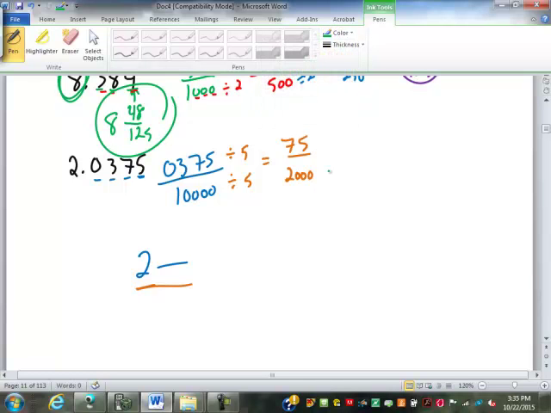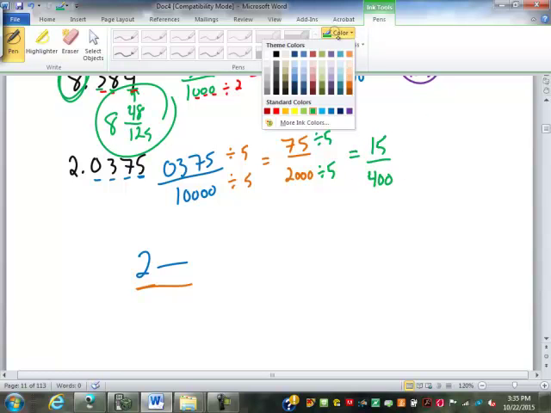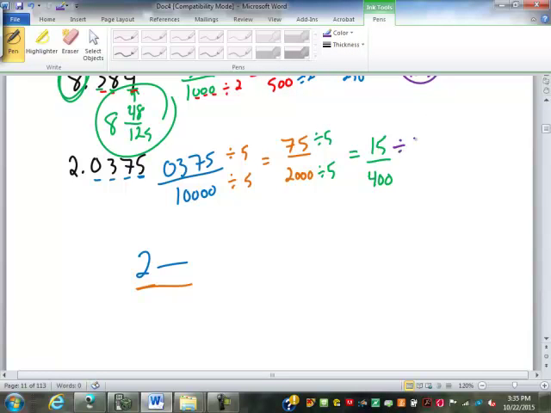So we got 75 over 2,000, and both of those, the 75 ends in a 5, 2,000 ends in a 0, so we can see we can divide both by 5. 75 divided by 5? 15. 2,000 divided by 5? 400. Are we done? Divide by 5 one more time to get 3 over 80. Perfect. So it is 2 and 3/80. Perfect.